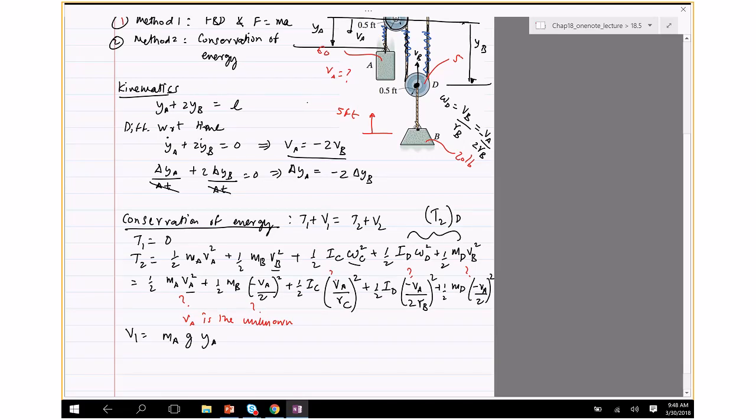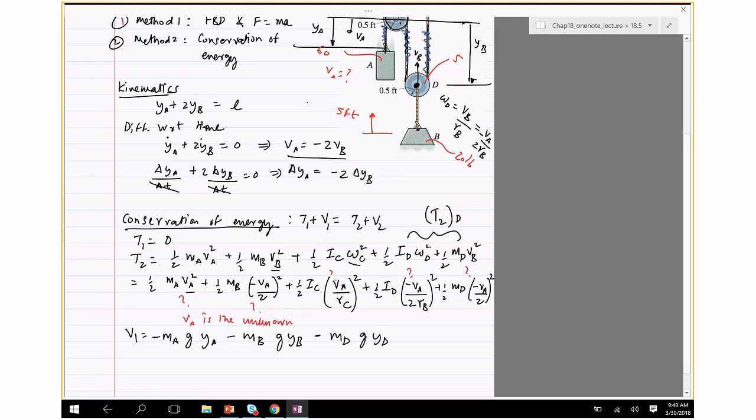Since A is downwards, it's going to be negative, right? Minus MB g YB. Same reasoning, it's downwards. YA and YB are unknowns. And then C is on the datum, so I don't have to worry about it. I need to worry about D, so it's MD g YD.